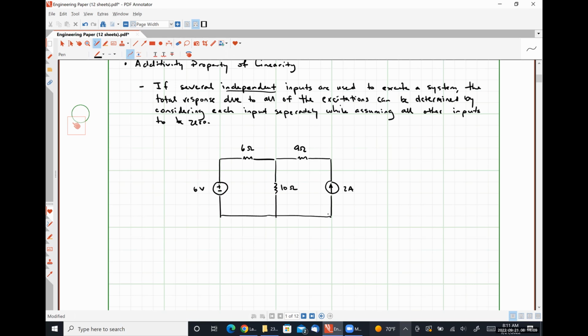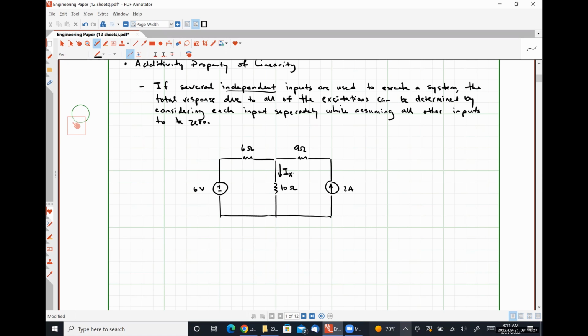And the quantity that we are trying to determine is this current IX. We are going to solve this circuit in 2 different ways here.